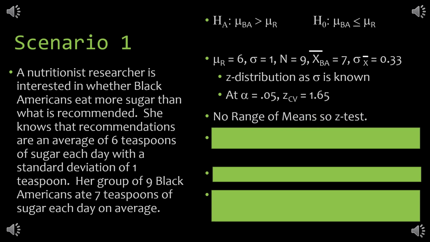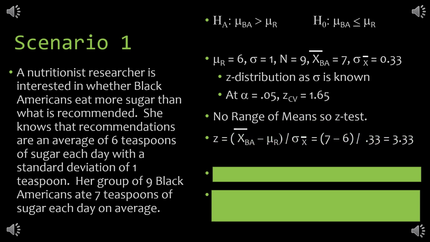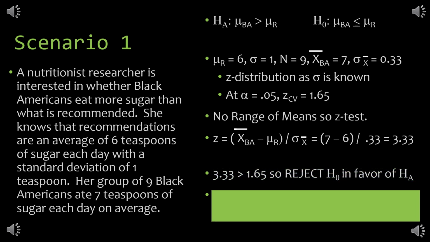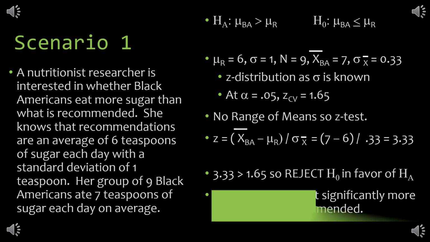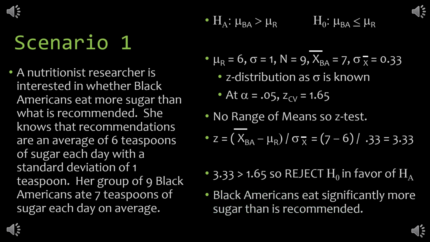So we compute z and we get 3.33. And 3.33 is greater than z critical, 1.65. So we have to reject that null hypothesis in favor of the alternative. And our conclusion is that Black Americans eat more sugar than what is recommended. And we're done.